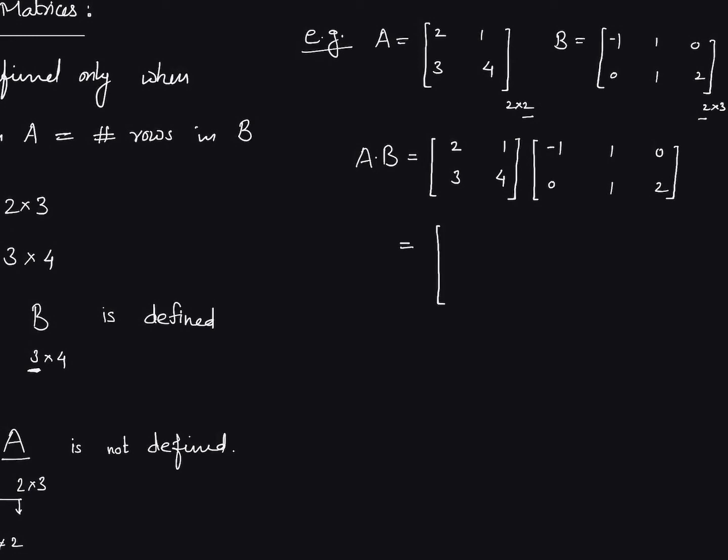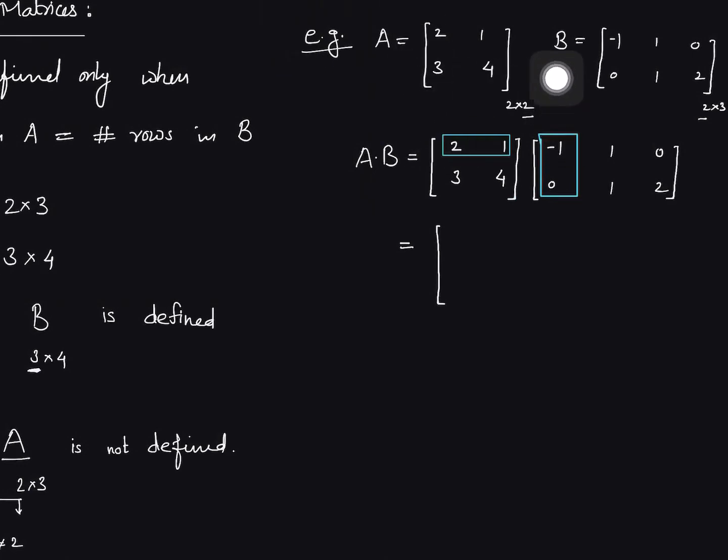So how will we do the multiplication? Take this row and this column. Now do the multiplication component wise.